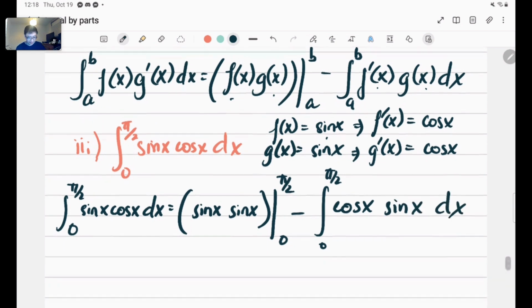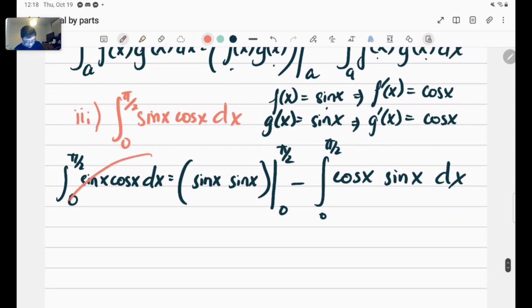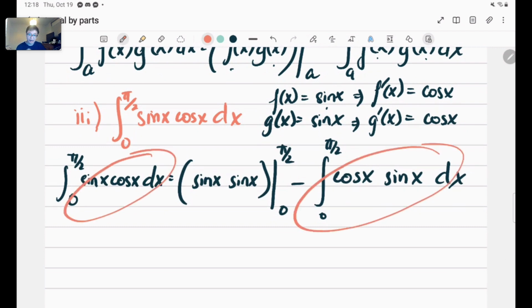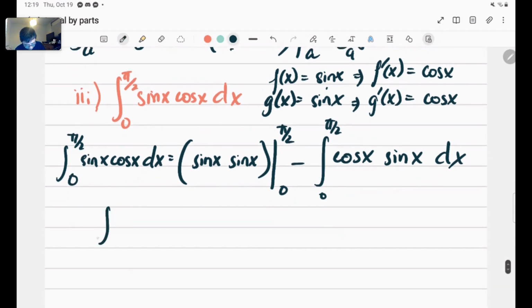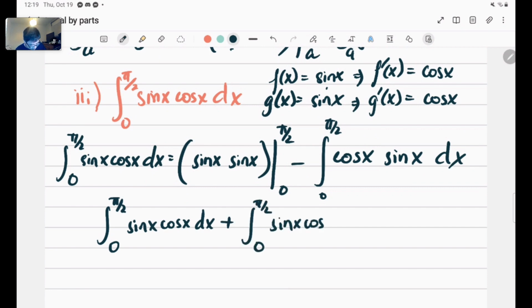At this point, you may notice that this integral and the original one are the same, right? So I can bring this part to the other side to group them together, so that's going to be sine of x cosine of x evaluated from 0 to pi by 2 plus itself again, because both of them are just the same thing.